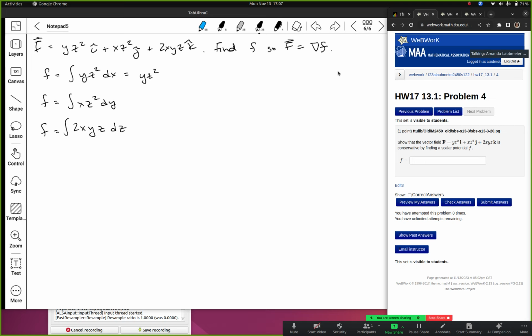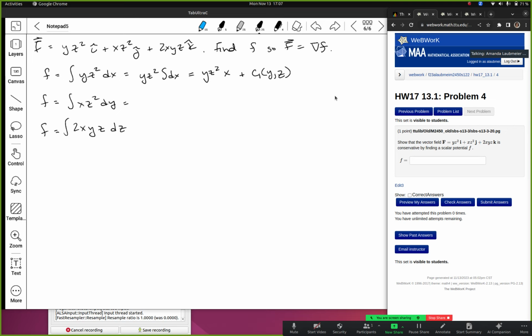Remember that yz squared is a constant as far as x is concerned, so I could go ahead and pull that out of the integral, and then I would just be left with the integral of dx, which just gives me x out of it. But there's some unknown constant that could potentially depend on y and z that I wouldn't see if I integrate just the i component of the gradient here.